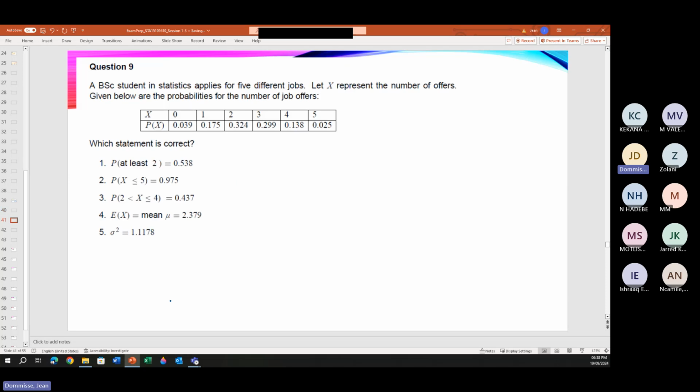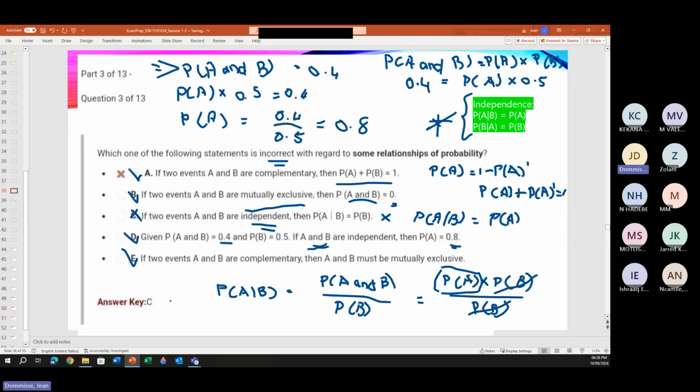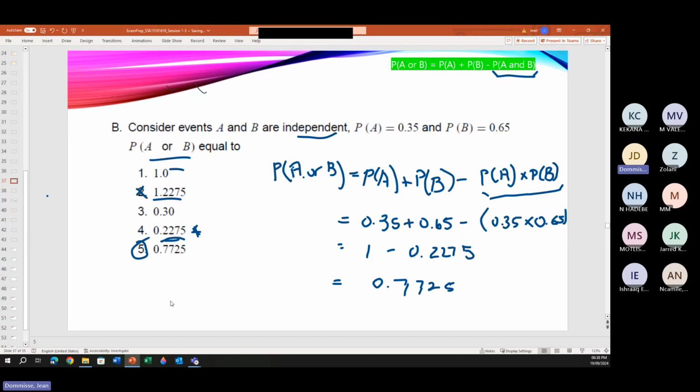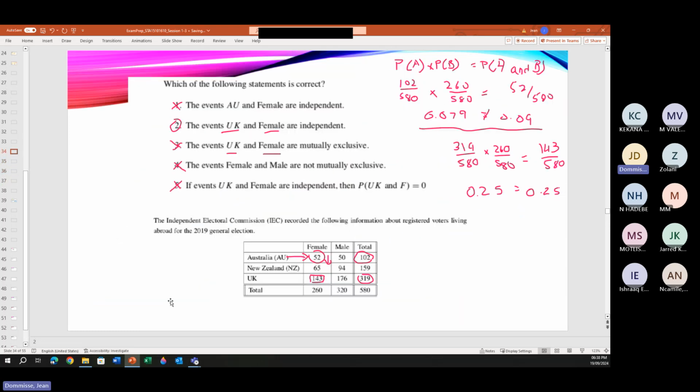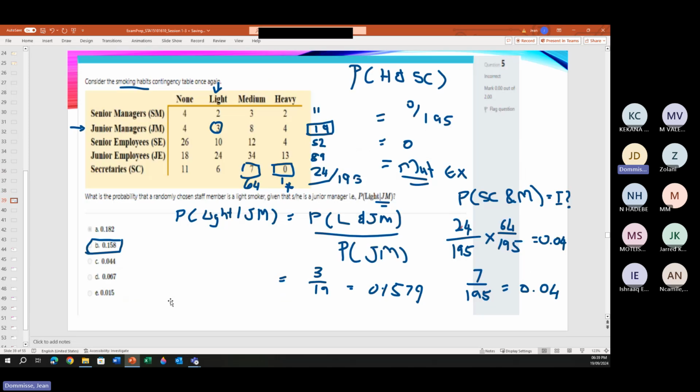On Sunday, we will go into discrete probabilities so that we don't go through these things too quickly. On Sunday morning, we will do discrete, binomial, and Poisson. Then in a week's time, we will do study unit 6.